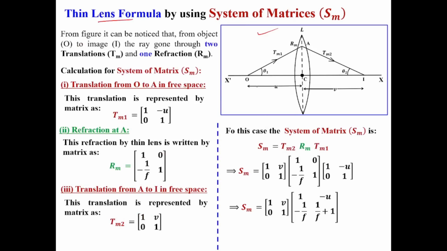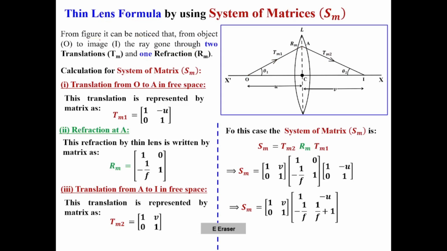Consider this ray diagram. This is your object. From the figure it can be noticed that from object O to image I, the ray goes through two translations and one refraction. This is one translation from O to A. At A one refraction happens, then from A to the image I, another translation.